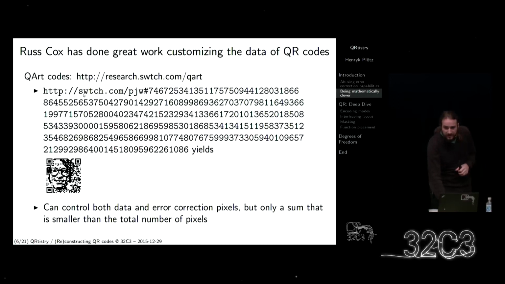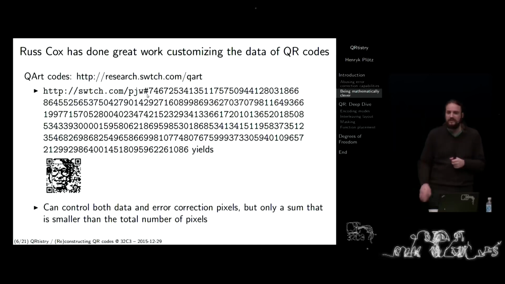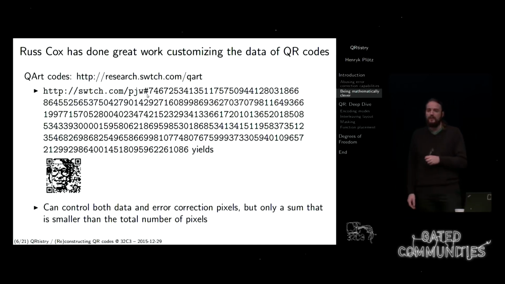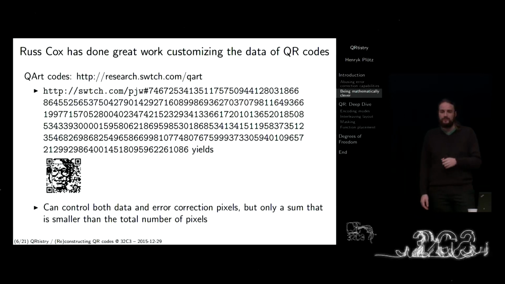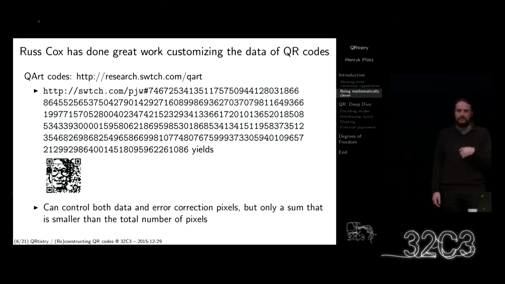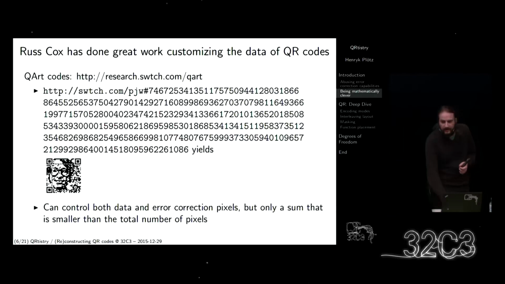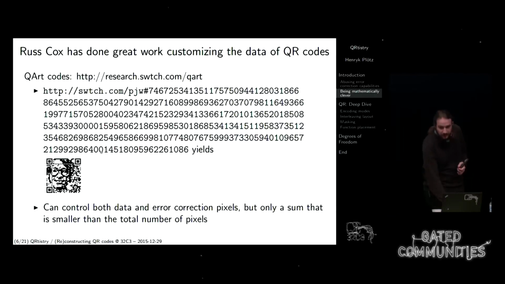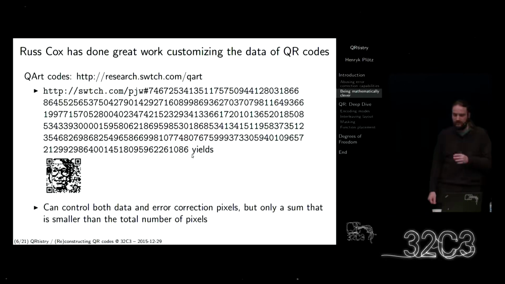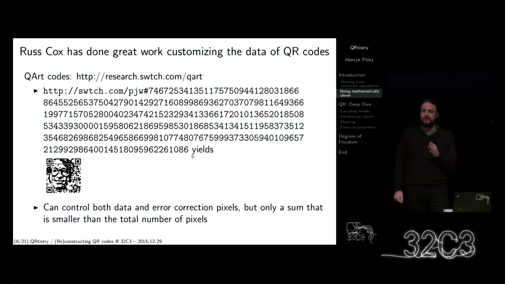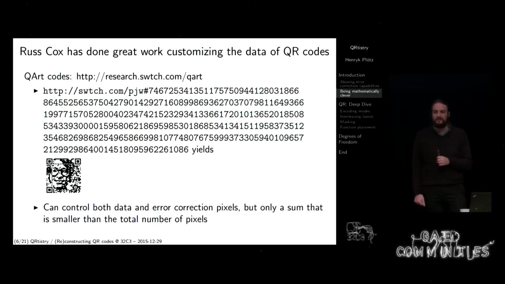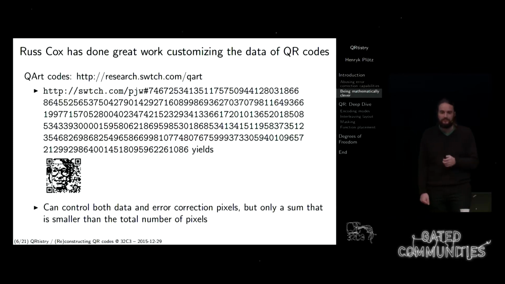So this is the actual HTTP URL, and this is a hash fragment identifier, which the browser is going to look for but won't find and then just ignores. And the face you see in the code below here is actually just encoded in this number sequence. He has done a lot of math in order to calculate the number sequence that will encode this face.